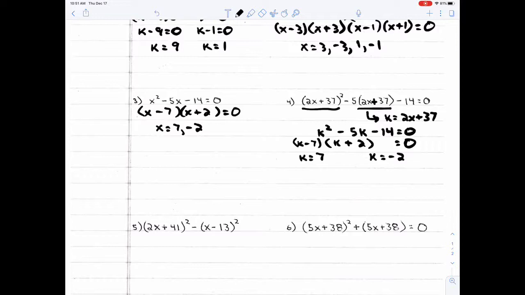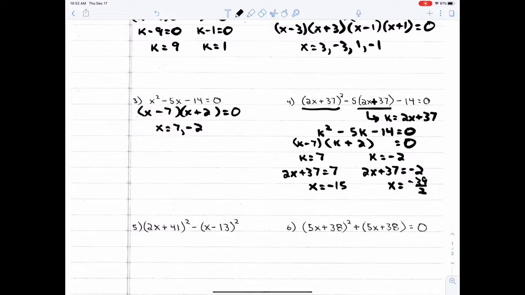It was 2x plus 37. So we're going to take 2x plus 37 equals 7, and 2x plus 37 equals negative 2. And if we solve these, we'll get x equals negative 15 and x equals negative 39 halves.